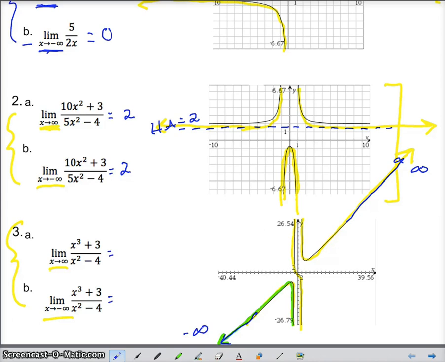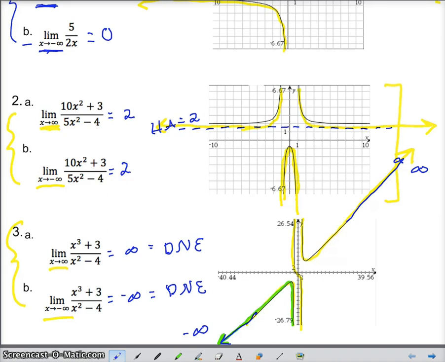However, we understand now that as y gets closer to positive or negative infinity, we are not approaching one unique y value. So we would say that for 3a and 3b, the limit does not exist.